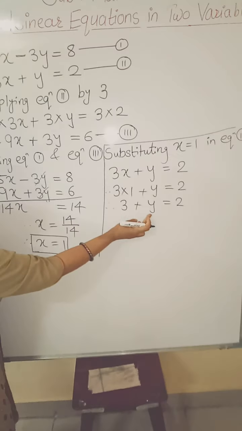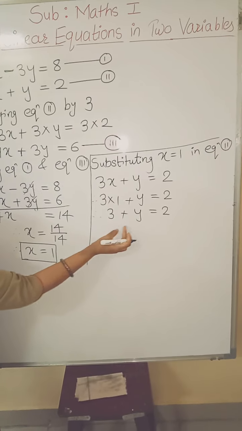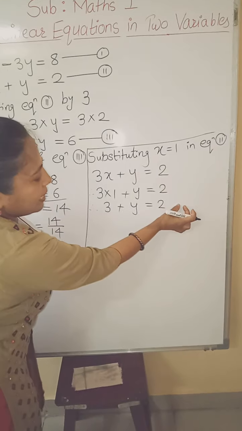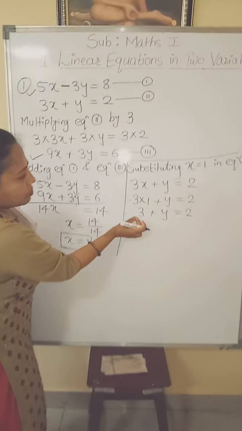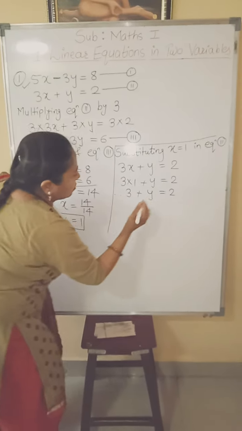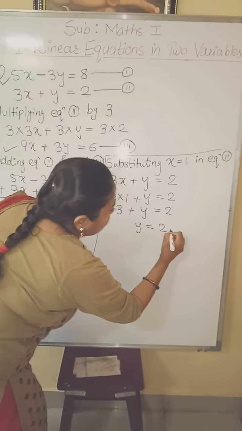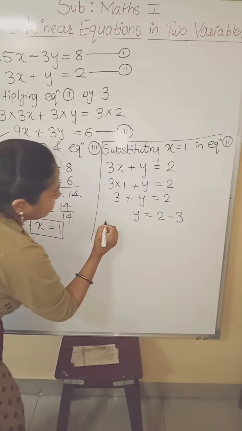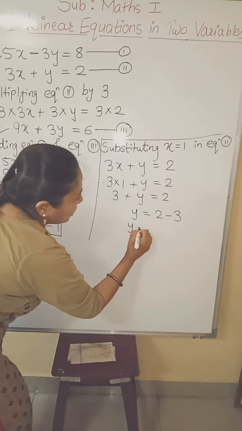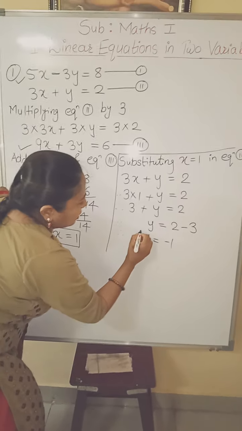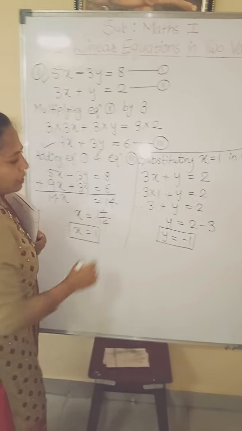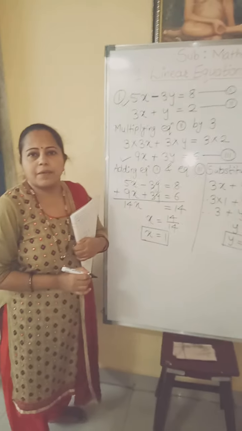Now to get the value of variable y, this 3 we will take on right hand side. So this positive 3 will become negative 3. Therefore y is equal to 2 minus 3. Therefore y is equal to minus 1. So here we got the value of the second variable.